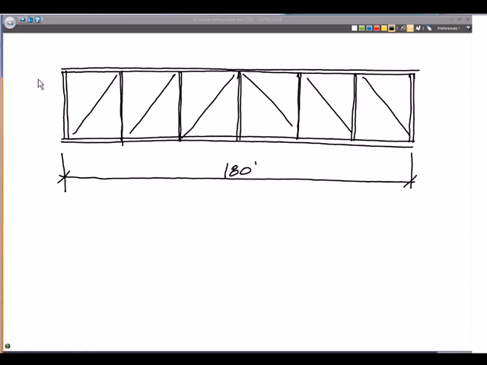And looking at this, we know that we can't ship this all in one piece, okay? So it's going to need to be erected at the job site and fabricated and put together and set on top of the columns. Okay, so when we look at this, how do we economize the truss?